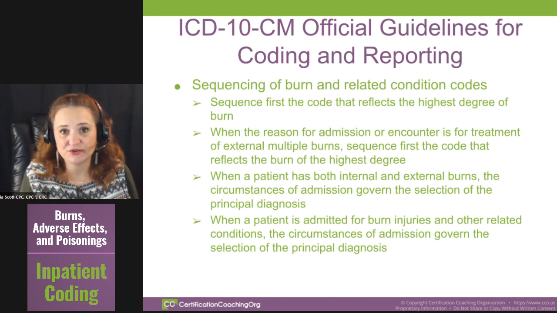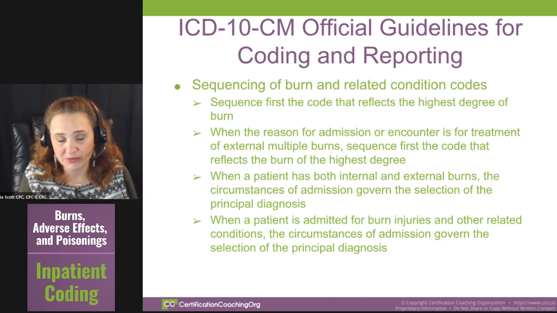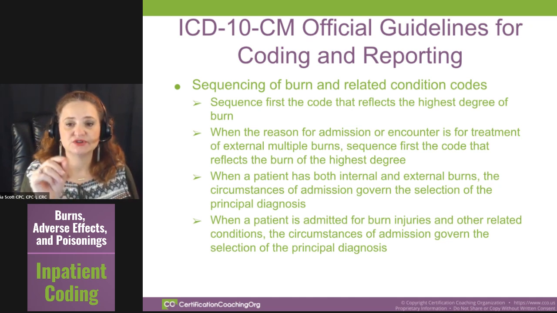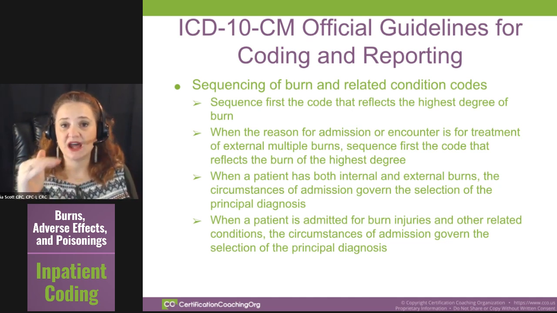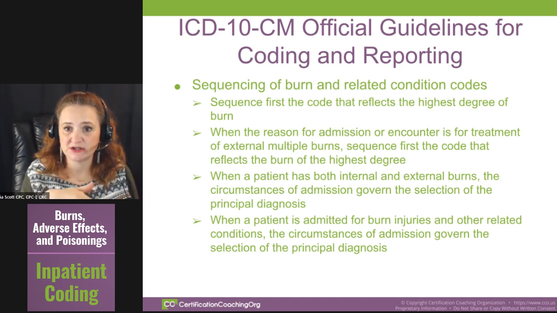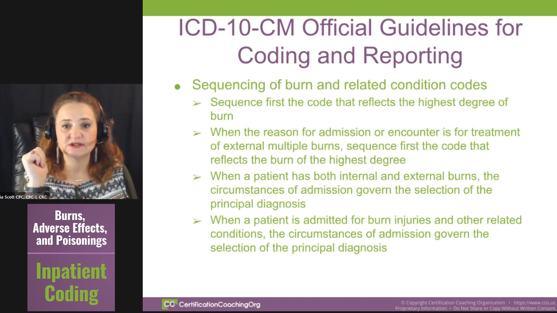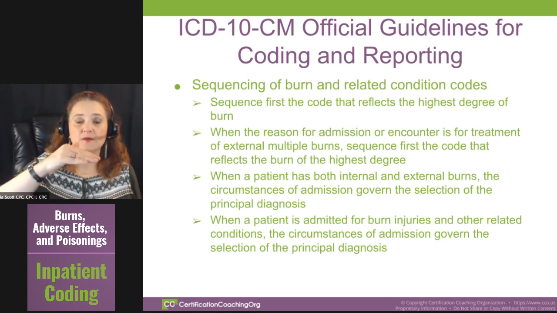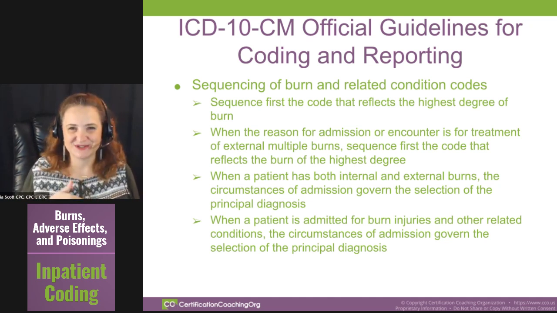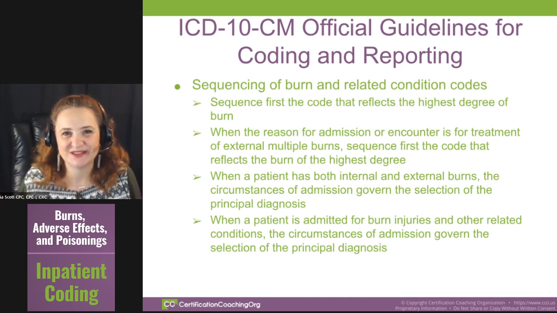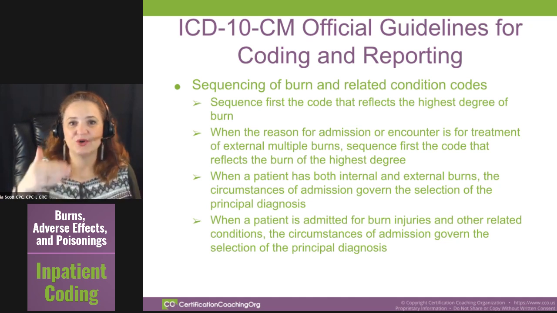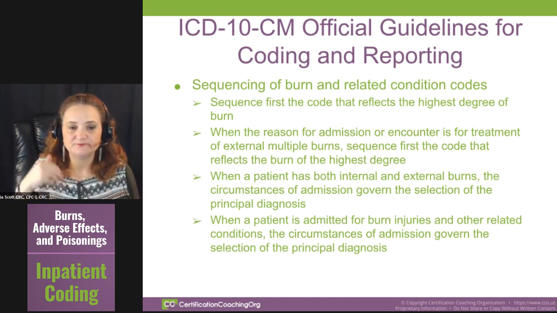If you have third degree, you're going to have first and second degree as well, most likely, right? So the first thing, what's the highest degree? If the highest degree is second degree burns, that gets sequenced first. Okay, so it's always the most severe that gets sequenced first. That's the way it is with almost everything, right? We always go from the highest and back down.